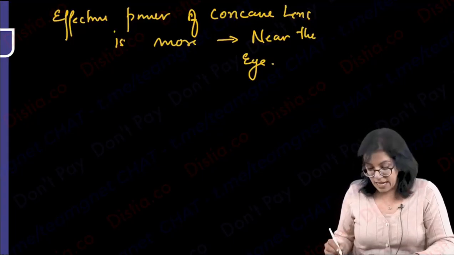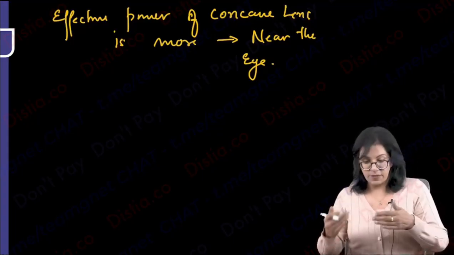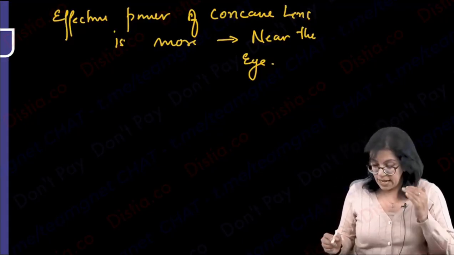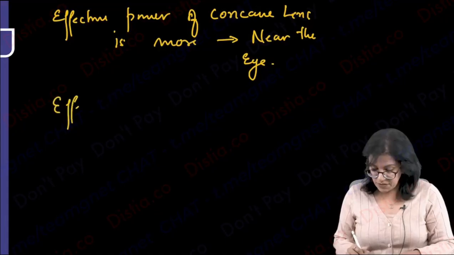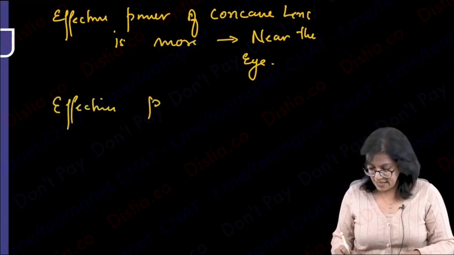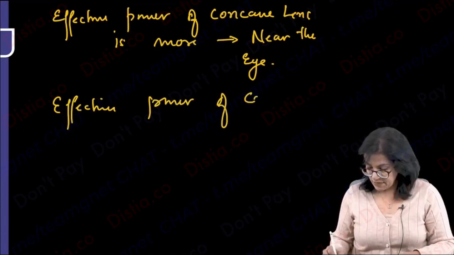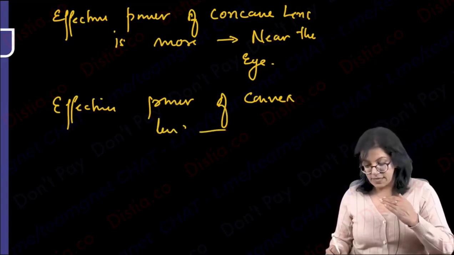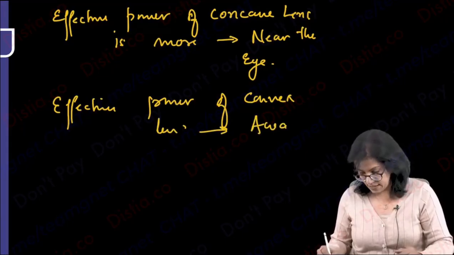Isn't it? We are going to discuss this in detail in the contact lens topic. And the effective power of a convex lens, so plus lens we are talking about, right? This is more when it is away from the eye.